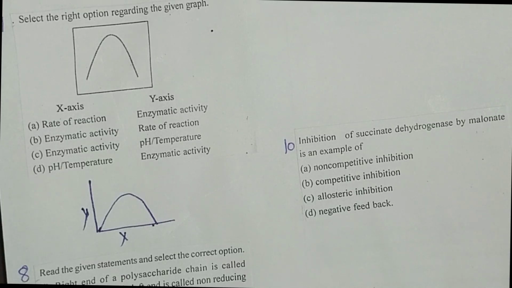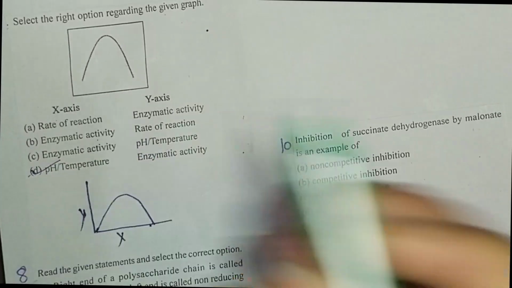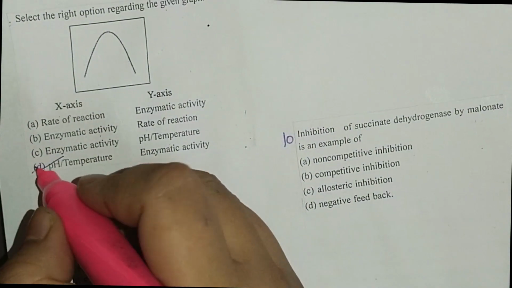So an increase in temperature will reduce the enzymatic activity. So this can't be the correct answer. In D, with increase in pH or temperature, enzymatic activity reaches a certain point, that is Vmax. So D can be the right answer. D is the correct answer.